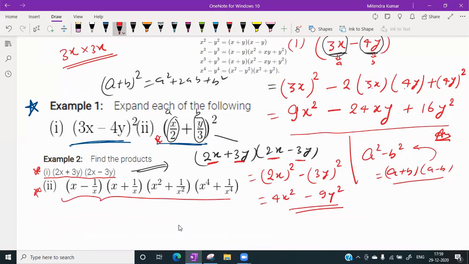You have to use the identity, not go multiplying, it will be very lengthy. Find the product: if you don't know the identity it will be difficult, but if you know the identity it is very easy to multiply. A plus b, a minus b, you have to use this.